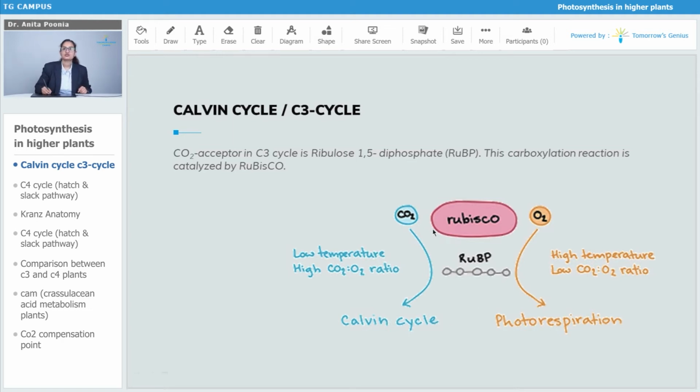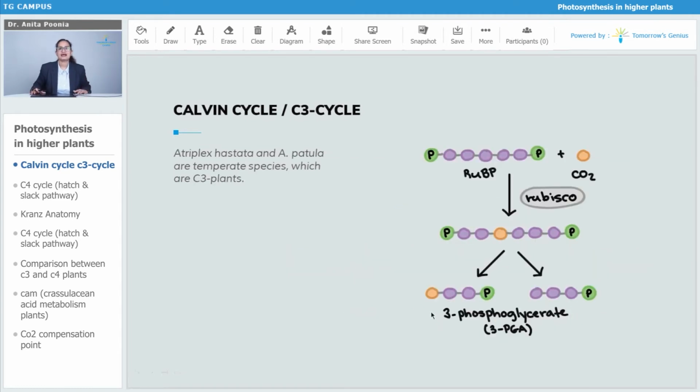Now photorespiration: the Calvin cycle occurs at low temperature and high carbon dioxide to oxygen ratio, while at high temperature and low carbon dioxide to oxygen ratio, with high oxygen, photorespiration occurs. Also Atriplex hastata and A. petula are temperate species which are C3 plants.